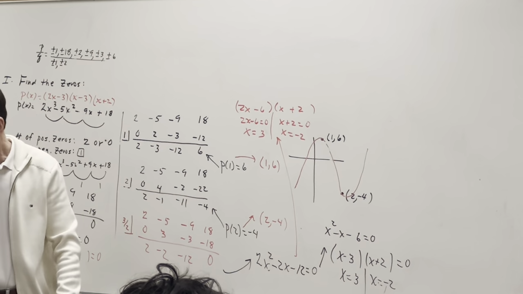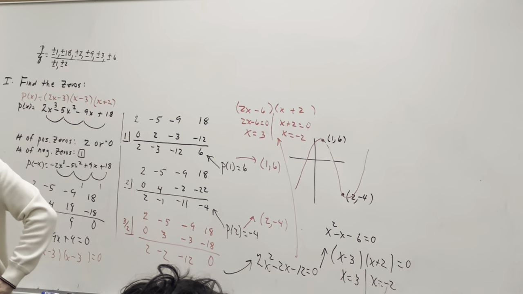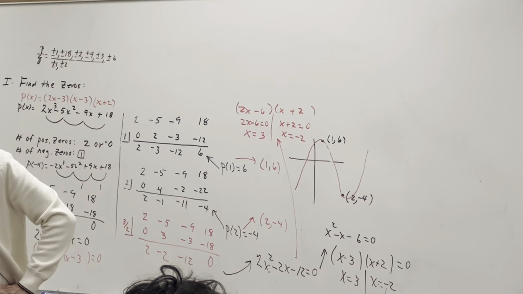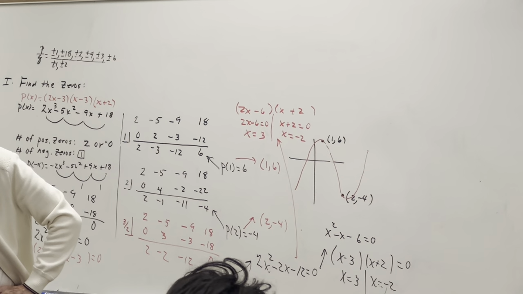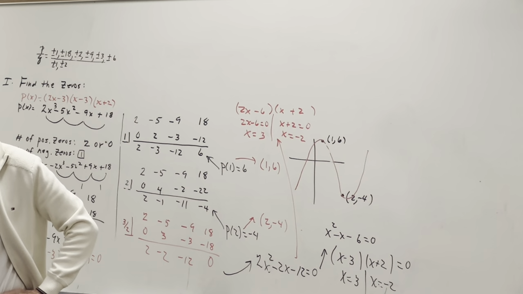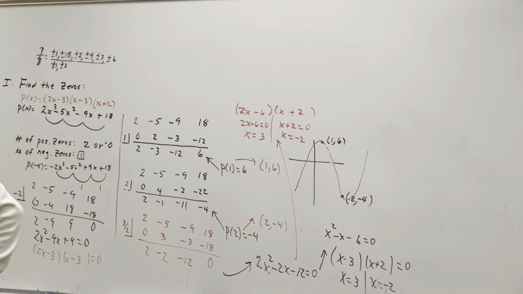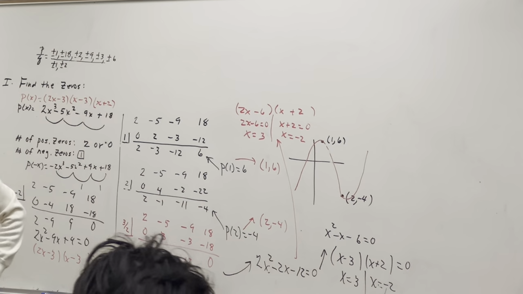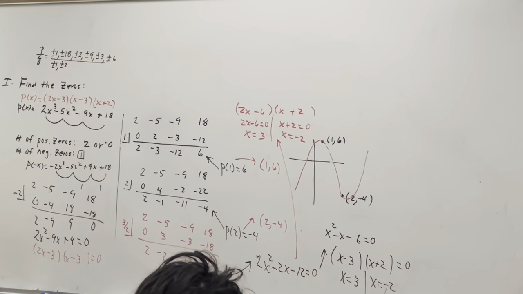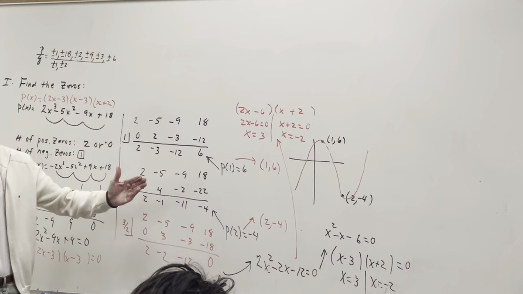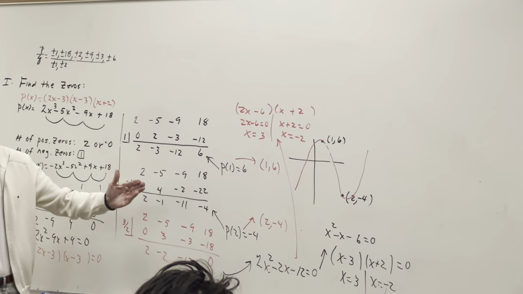Now, Rena, read to them, it's on the other handout. Read to them, it's called intermediate value property. Let f denote a polynomial function. If a is less than b and if f of a and f of b are of opposite signs, there is at least one zero of f between a and b.